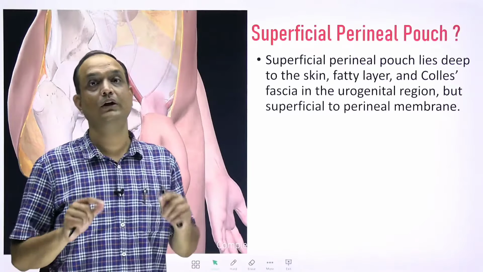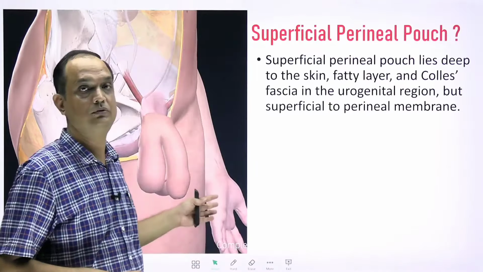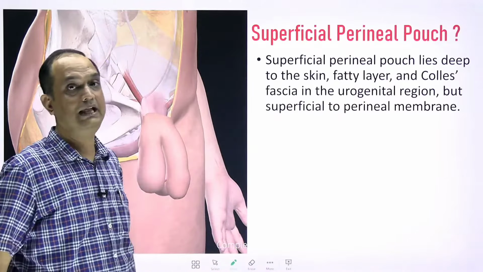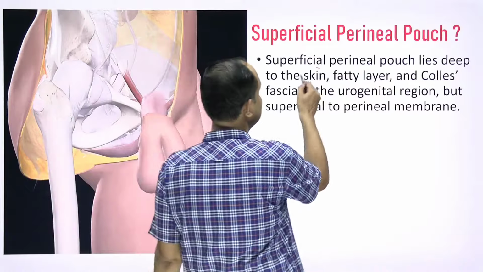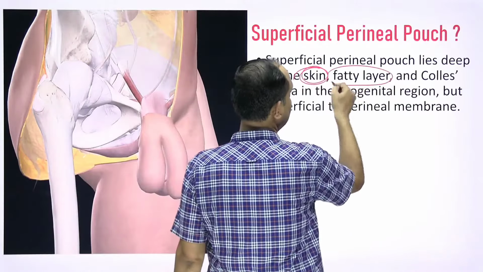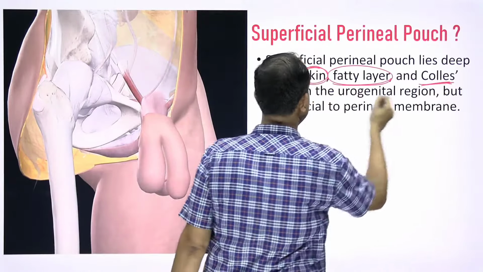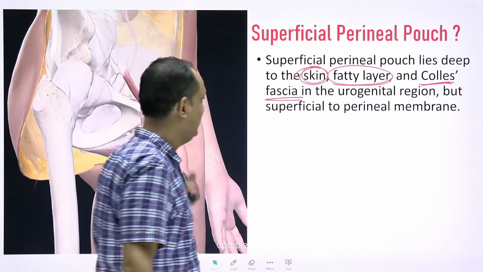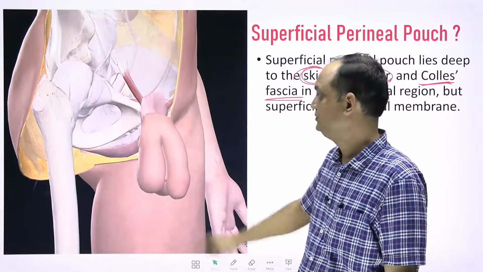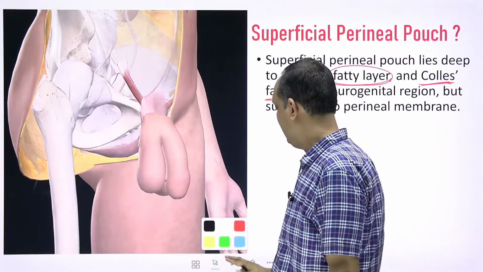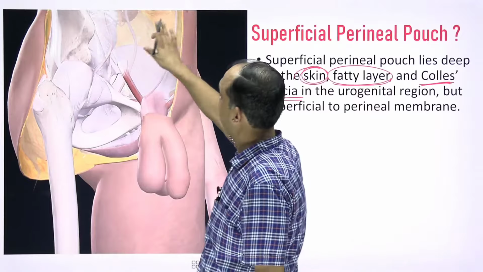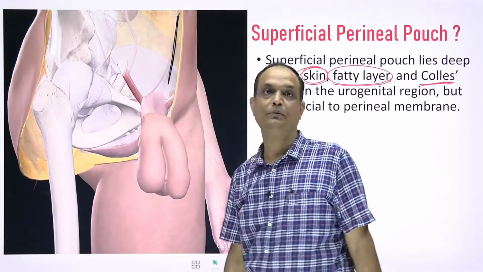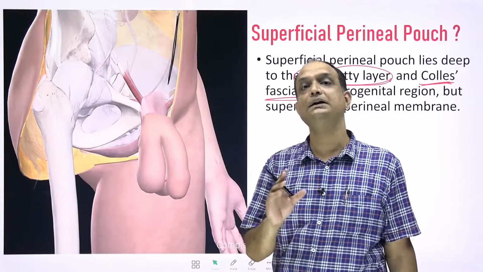Now, when you are talking about the superficial perineal pouch, I just told you that it is the area which lies just deep to the skin, the fatty layer or subcutaneous tissue, and the fascia present in the skin is known as Colles fascia. Now in this image, what can you appreciate? First understand that this shadow is the membranous layer of the anterior abdominal wall, known as Scarpa's fascia.